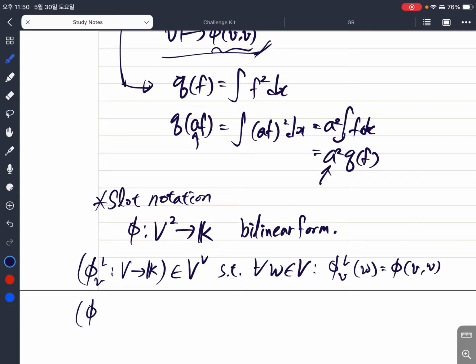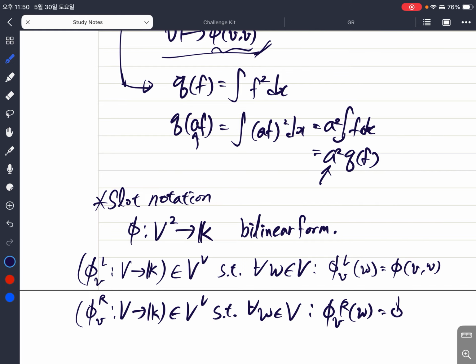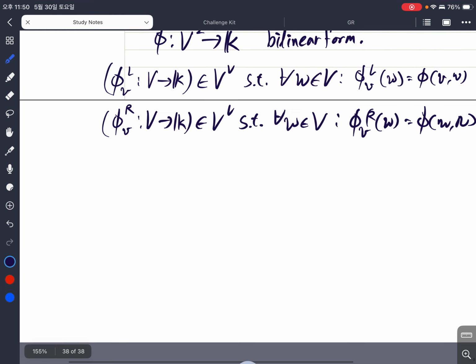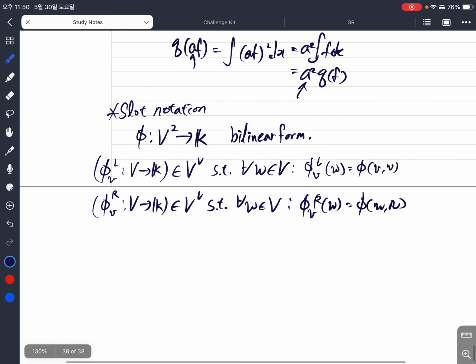Similarly, you can think what is L? L is just left. Then you can define right. It is also a one form such that for all w in v, phi vR of w is phi of w comma v. So now you know what left and right mean. It is just the position of v.